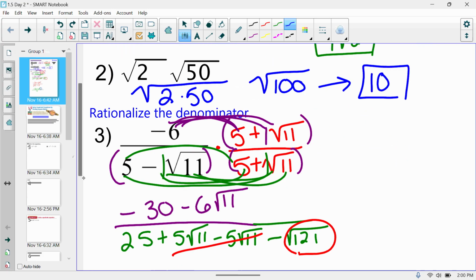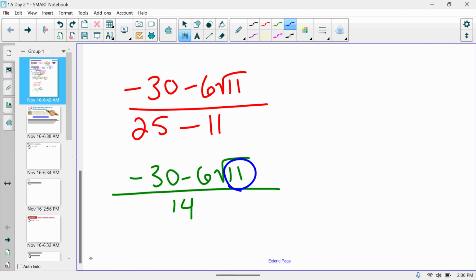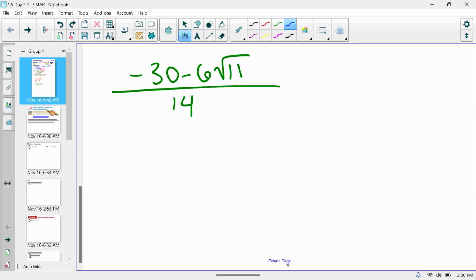But it can't be because the only factors of 11 are 1 times 11. But then the other thing you would need to check is like, can both of these be divided by something? But you'd have to look at it this way too. So essentially, all 3 of the numbers would have to be able to be divided by the same number in order to simplify. It's the same thing as simplifying fractions, but they all can be divided by 2.